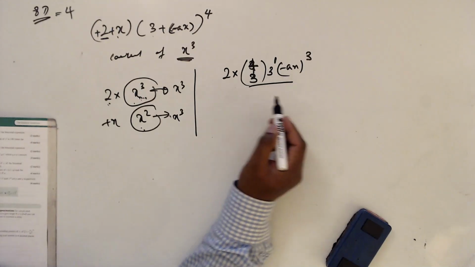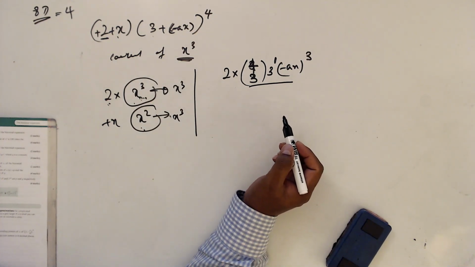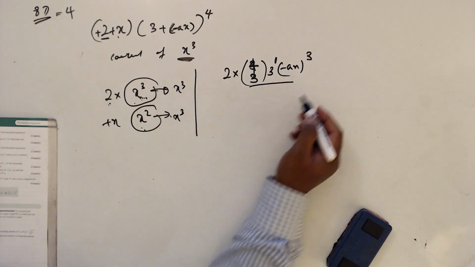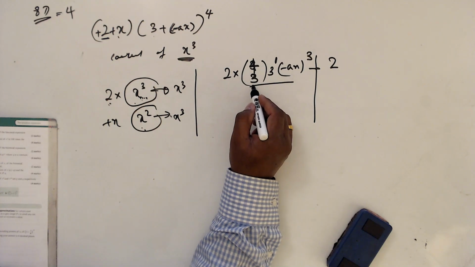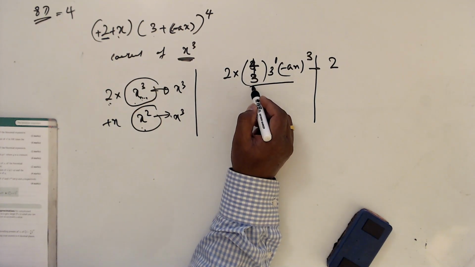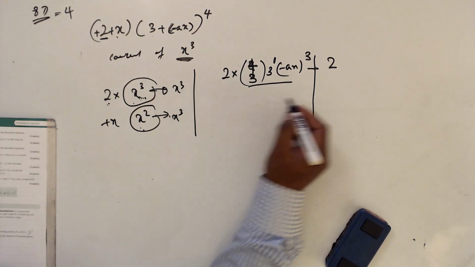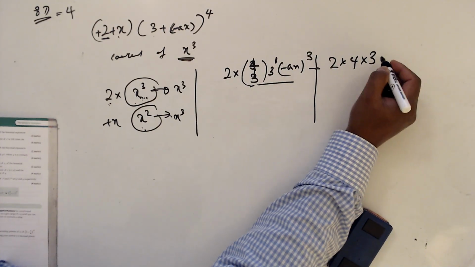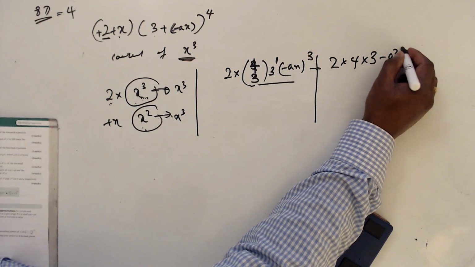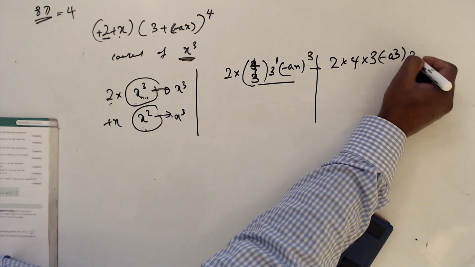This is the other cubic term from this expression. And we have to simplify this one. This is 2, 4, 3, it's going to be 2 times 4 times 3 times minus a cube times x cube.